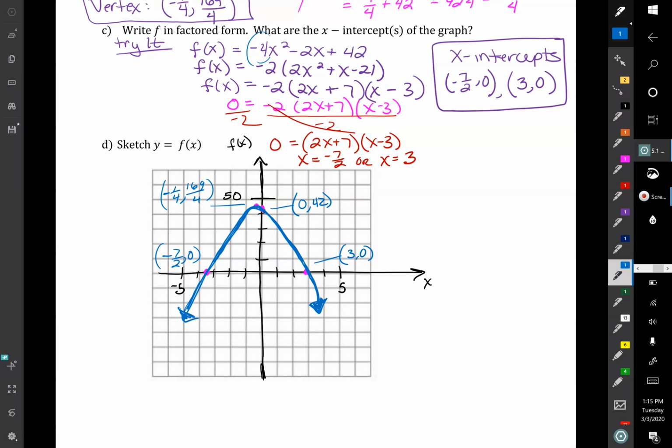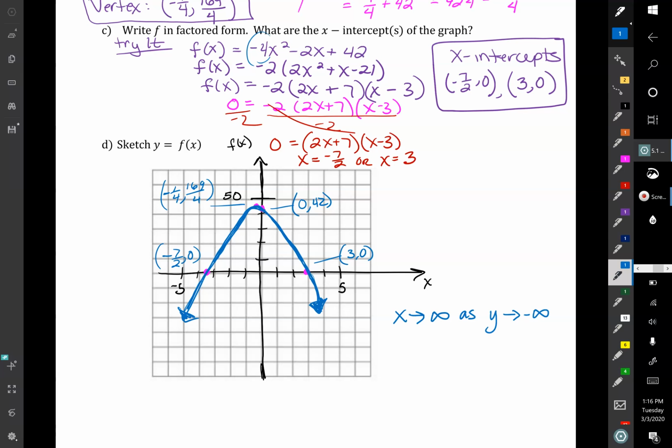But as X approaches positive infinity, that goes on forever, Y is going toward negative infinity.